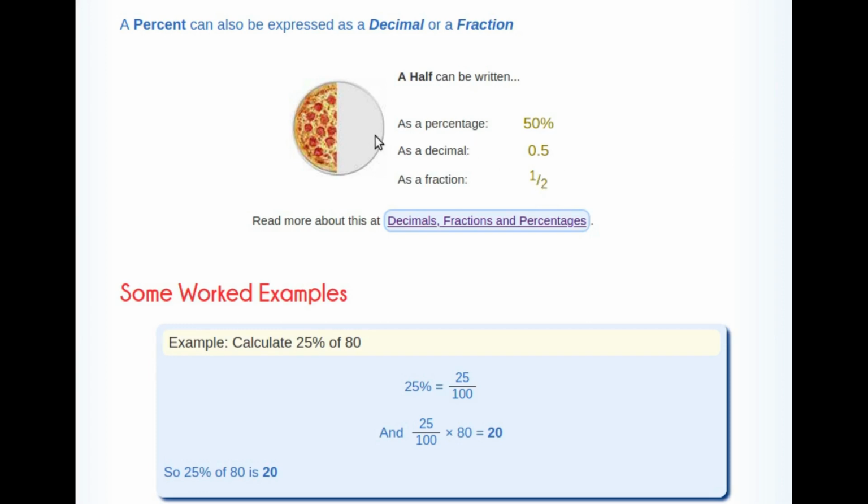In terms of percentage, we call this 50%. That is, from one pizza 50% is taken out. So 50% can be written as 0.5 in terms of decimal, and 1 by 2 in terms of fraction.